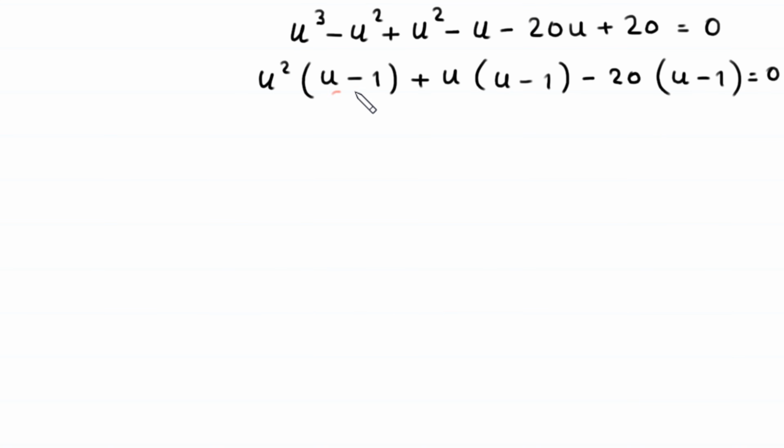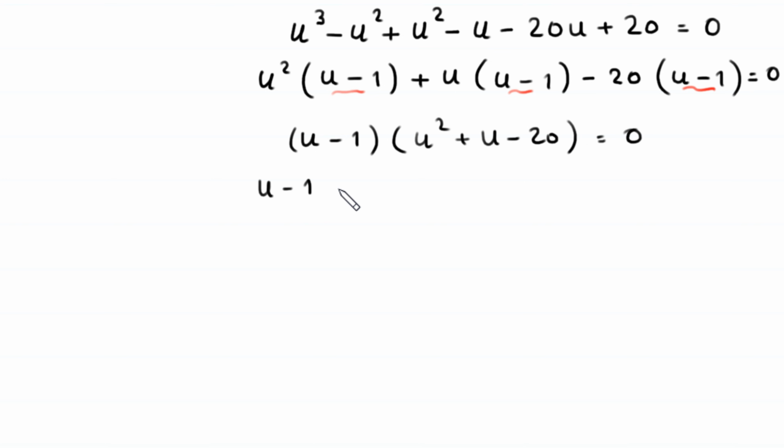Now this u minus 1 is a common factor, so we factor out this u minus 1, and in brackets u squared plus u minus 20 equal to 0. From here either this expression u minus 1 equal to 0, or this expression u squared plus u minus 20 equal to 0.